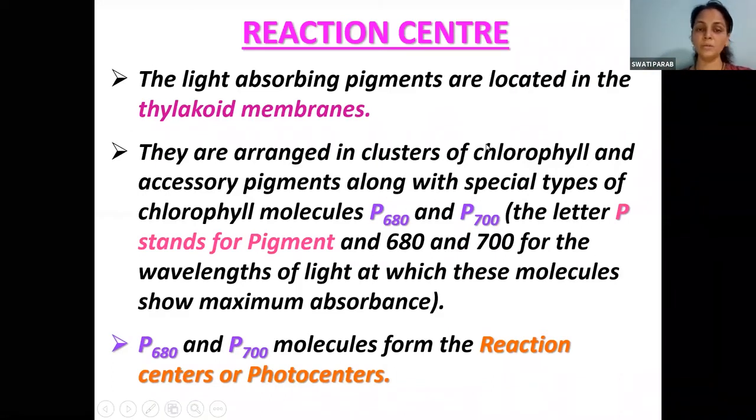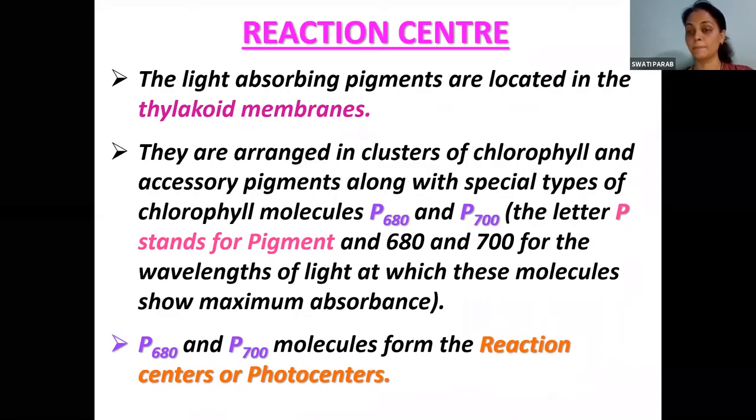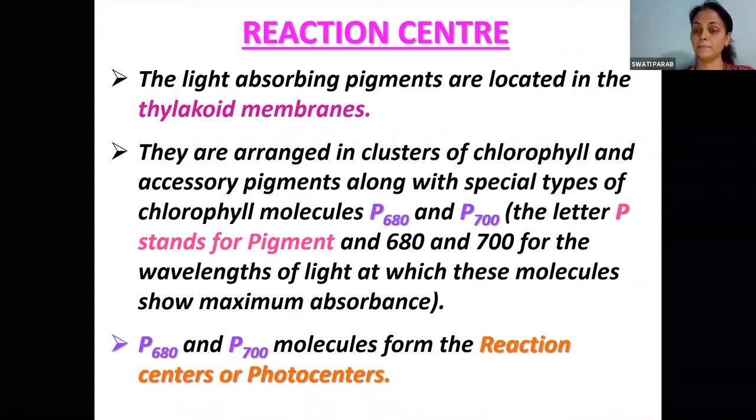If you want, you can write down the second point, it will be easy to remember later on. Keep the last part underlined, that is, wavelengths of light at which these molecules show maximum absorption. Keep that line highlighted.